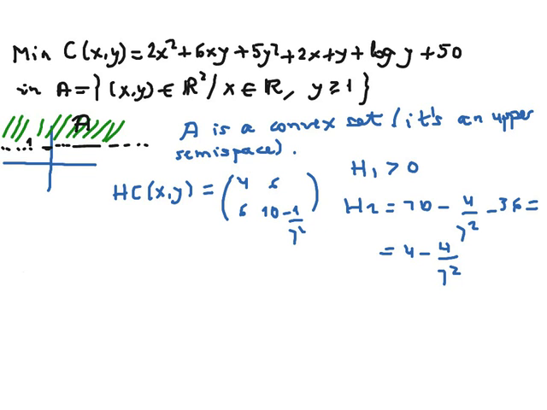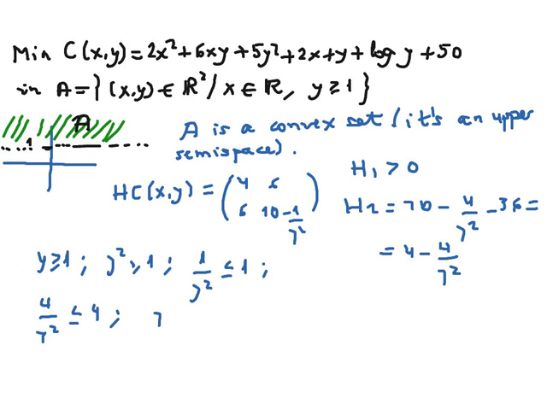Now to study the sign of H2, we must consider that y is greater or equal than 1. Then y squared is also greater or equal than 1. 1 divided by y squared is less or equal than 1. Now 4 divided by y squared is less or equal than 4, and finally 4 minus 4 divided by y squared is greater or equal than 0.